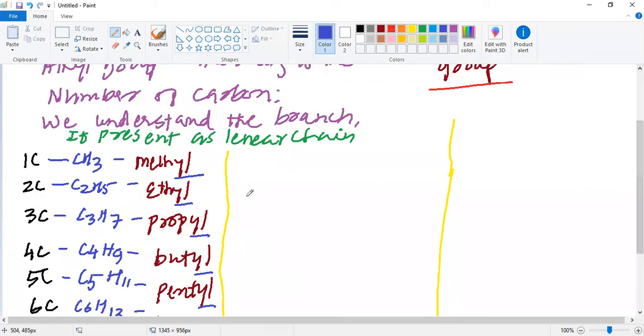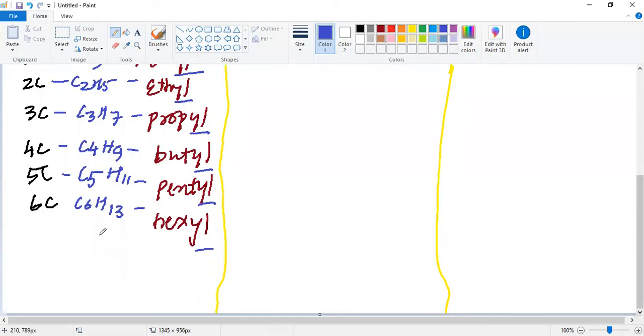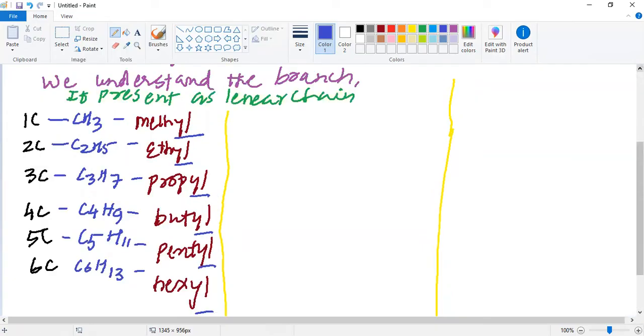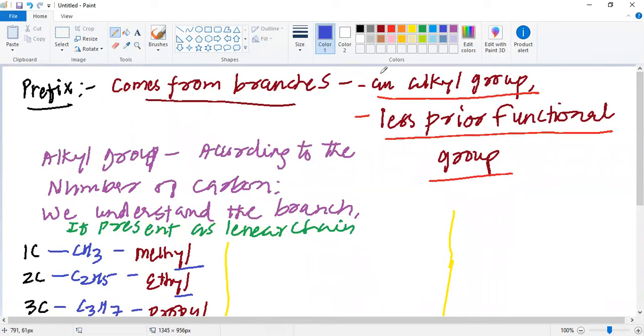Sometimes what happens, my dear students, is that we have a long branch, and for that long branch we'll study how we can give the names. Now for various functional groups, how do we write the prefix?